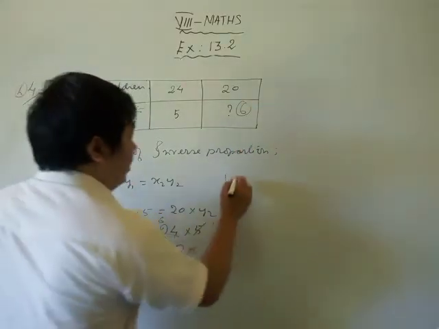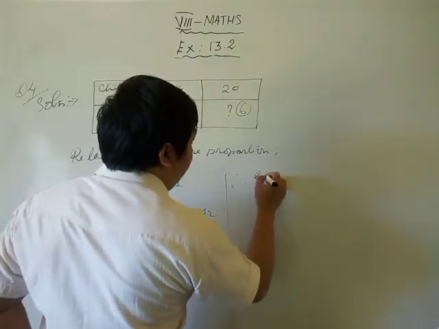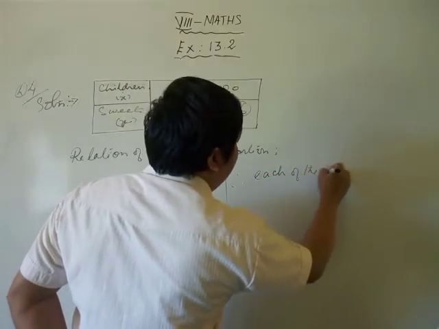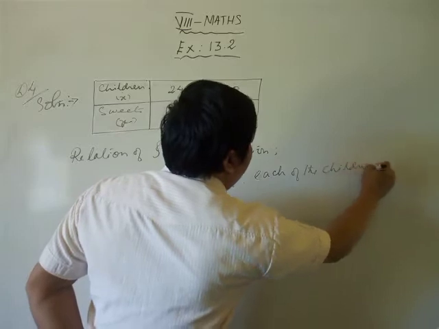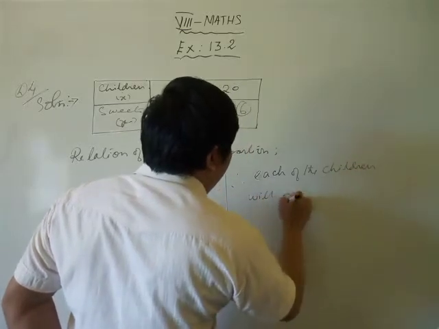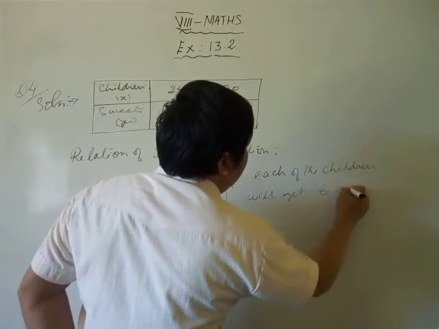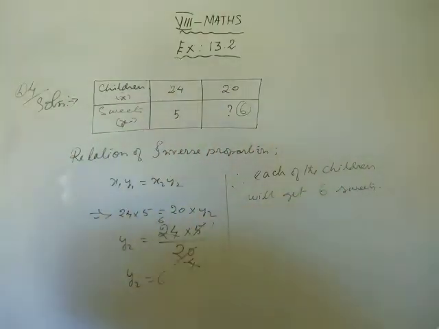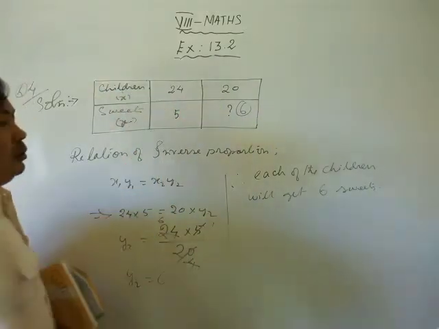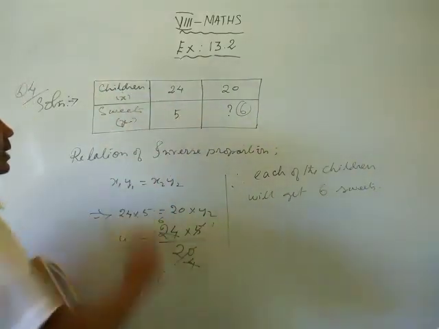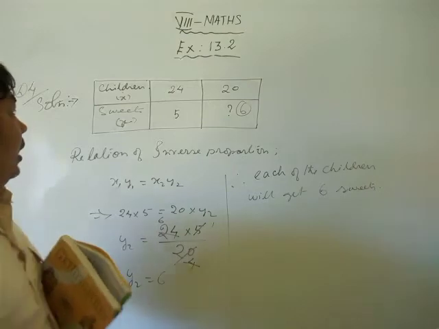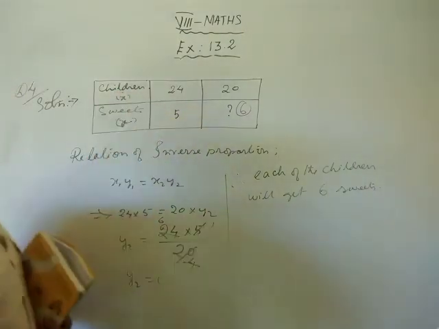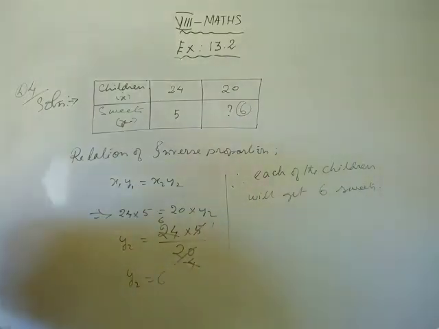Therefore, each of the children will get 6 sweets if the number of students is reduced by 4. So this is the answer for question number 4.